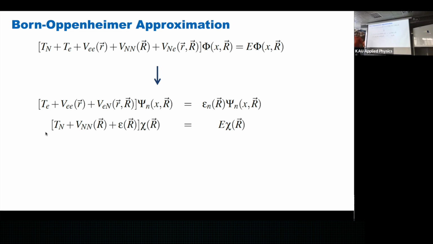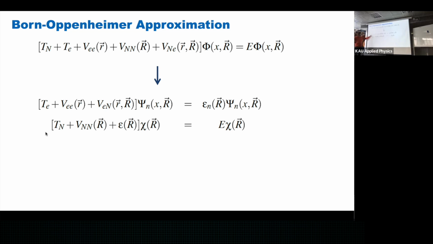in this story. It's not the first approximation generally, but in this story it will be the Born-Oppenheimer approximation, where we can split the Schrödinger equation into two parts, an electron part and an ion part.